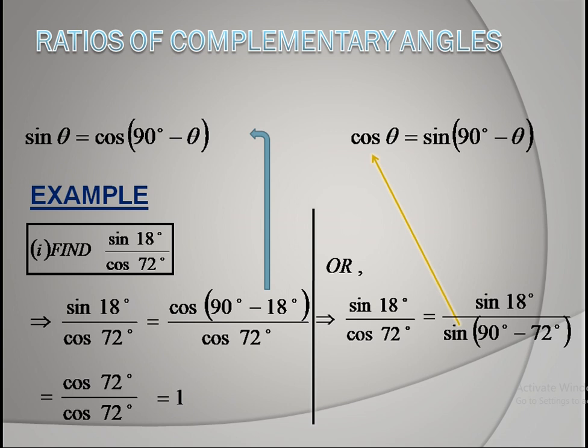Here use cos theta is equal to sin(90 degree minus theta). Here theta is 72 degree. So we write cos 72 degree as sin(90 degree minus 72 degree). This is equal to sin 18 degree divided by sin 18 degree. This is equal to 1. Okay student? Yes.